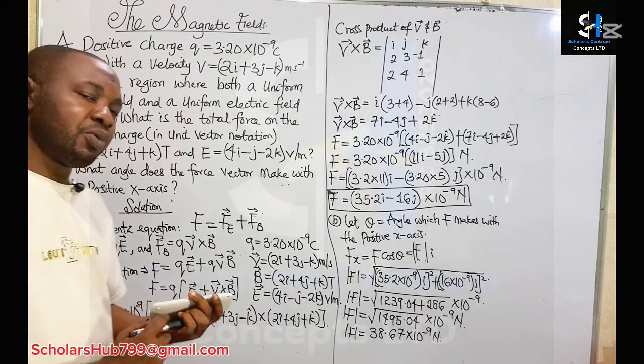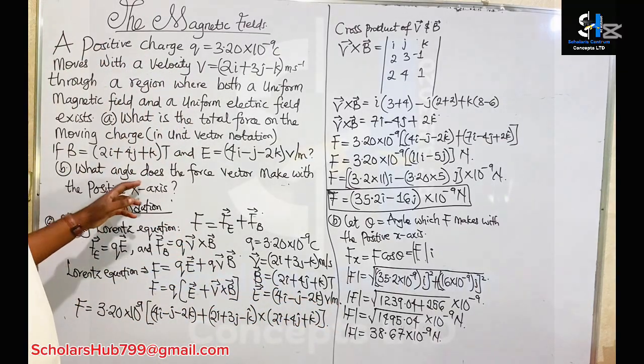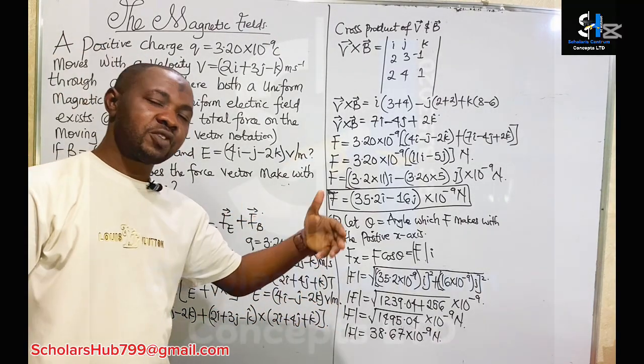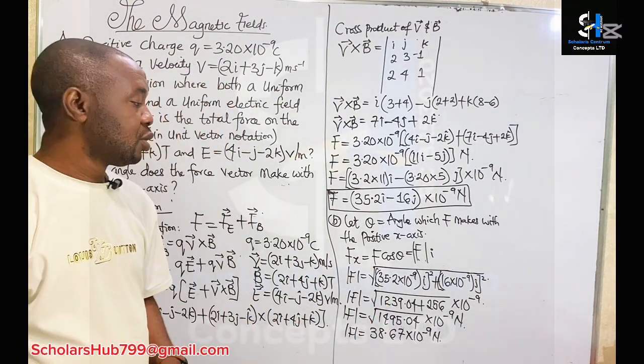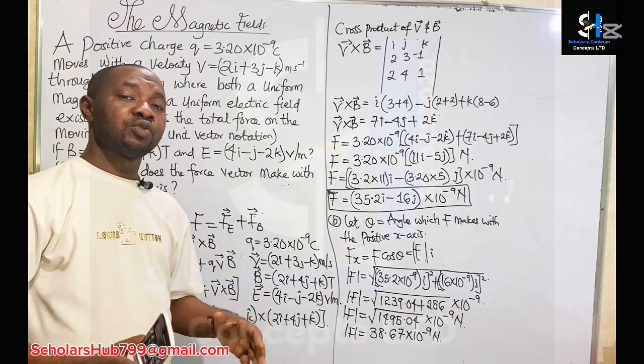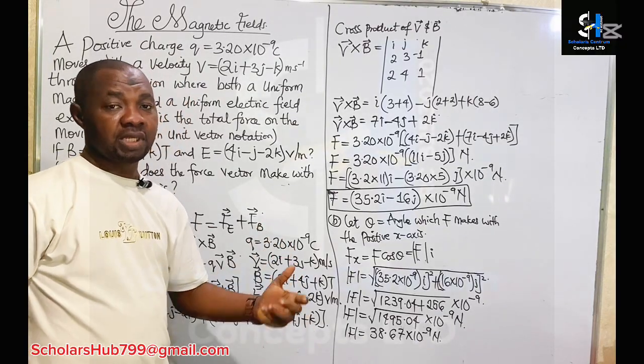Now, why it is important to find the magnitude is because, remember, we want to calculate the angle the force vector makes with the positive x-axis. Which means we need to get rid of the unit vector notations, the ijk.